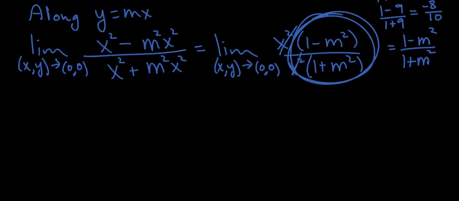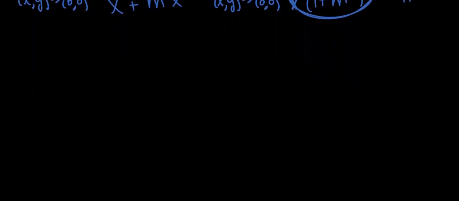Okay, now let's try a limit with three independent variables. So let's suppose we've got the limit, and now we have x, y, z, and let's suppose it's approaching 0, 0, 0.